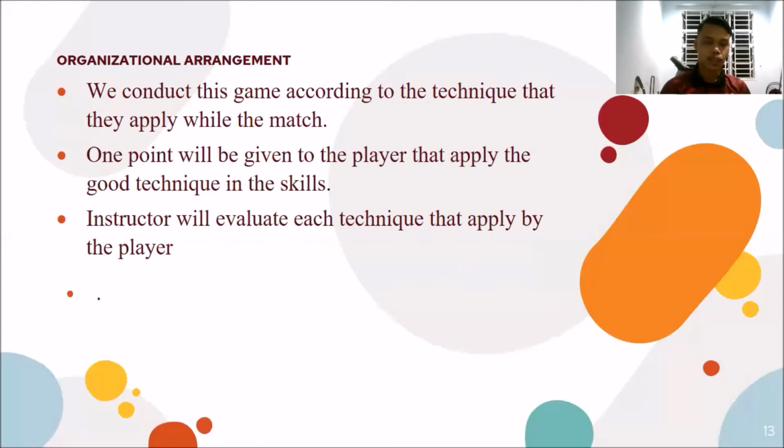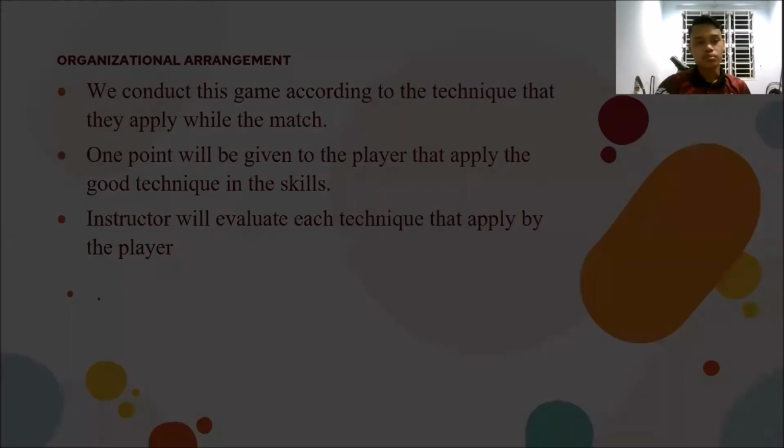All the techniques will be observed, and the participant that applies the good technique is considered as a participant that has learned and applied the skill that we have taught.